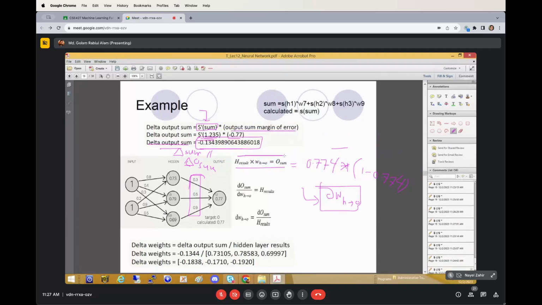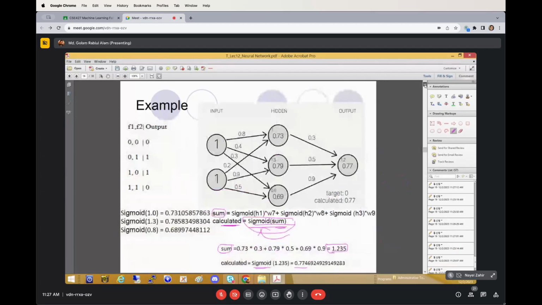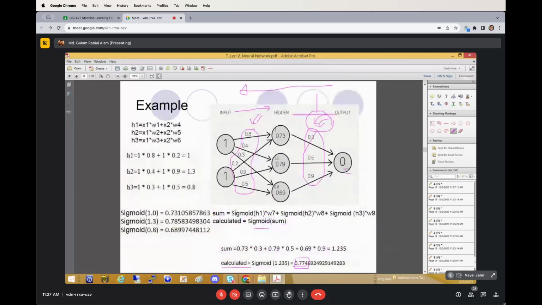So we wrote that here in vector form: hidden layer results times weight equals output sum. That's what we have already calculated in our forward propagation. In our forward propagation, we can see here there is sigma of h1, sigma of h2, and sigma of h3.